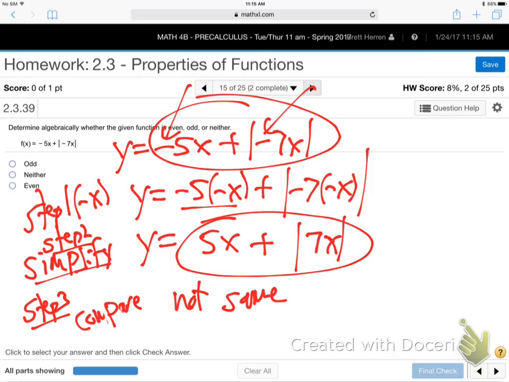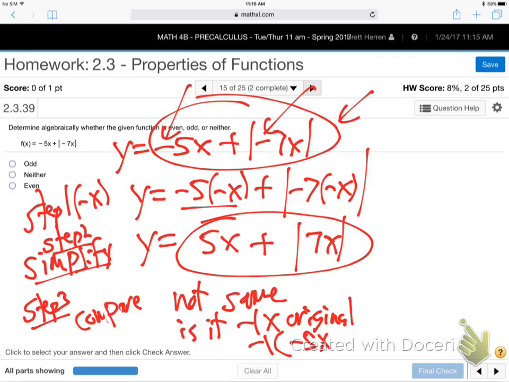So it's not even. Now, is it odd though? Is it -1 times the original? No, because if you took -1 times this original, what would that be? Let's just do it right here. What's -1 times the -5x plus absolute value -6?